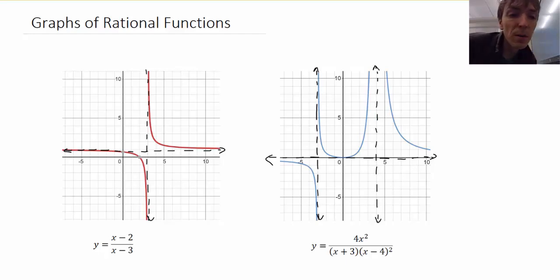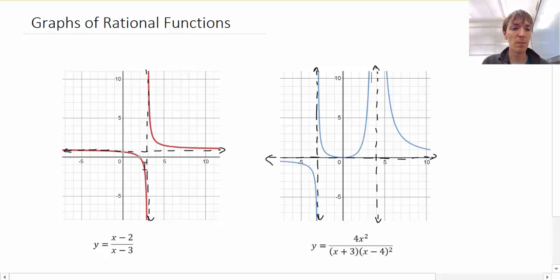Okay, so these horizontal and vertical lines that I just drew are not actually a part of the graph itself, right? That's why I drew them as dotted lines. But what you hopefully will be able to see is that the actual graphs approach these lines. And when I say approach, I mean approach infinitely close.